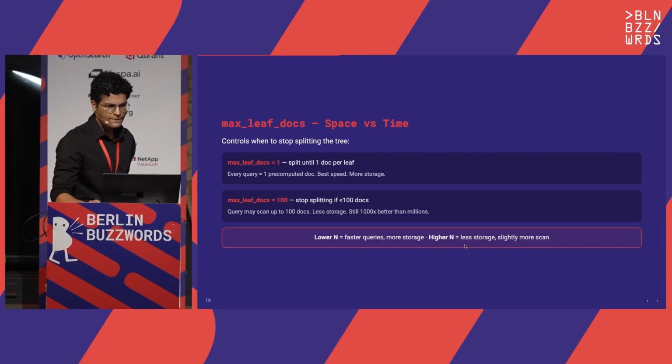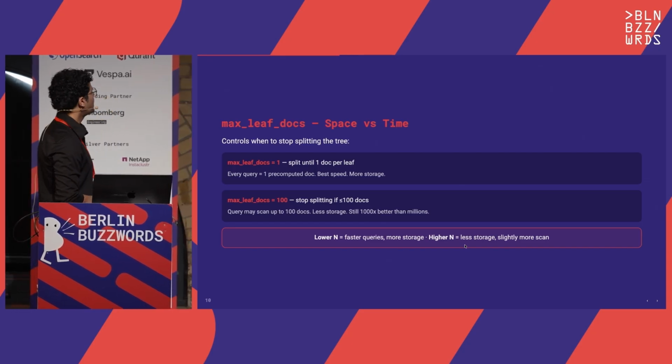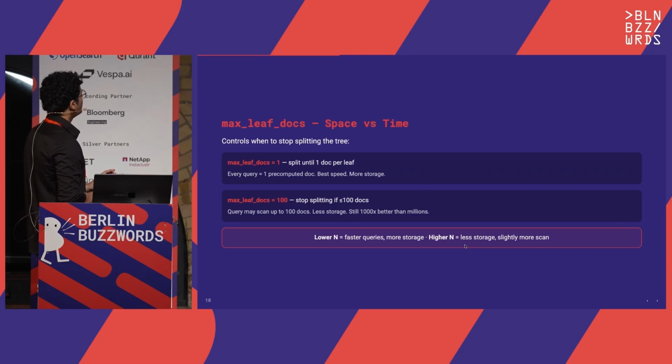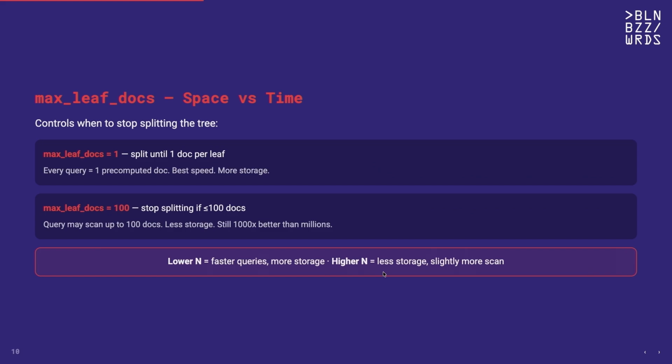Okay, so this max leaf docs parameter. We talked about this in the previous slides. This is basically for trading space versus time. It controls when we have to stop splitting the tree. If max leaf docs is 1, we keep splitting until we have just one doc in our leaf.